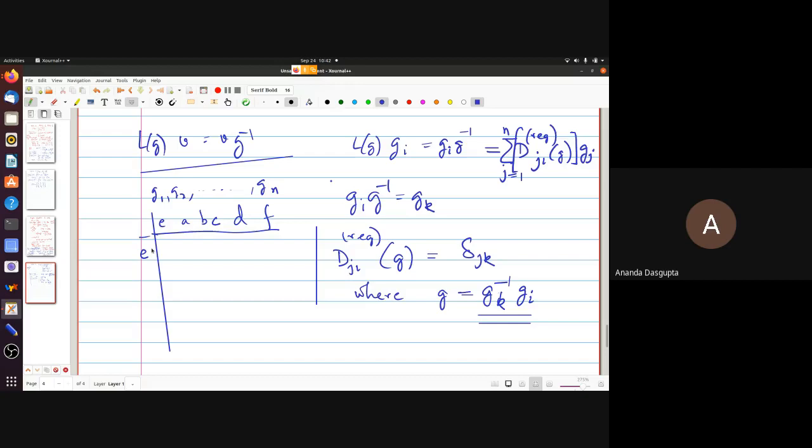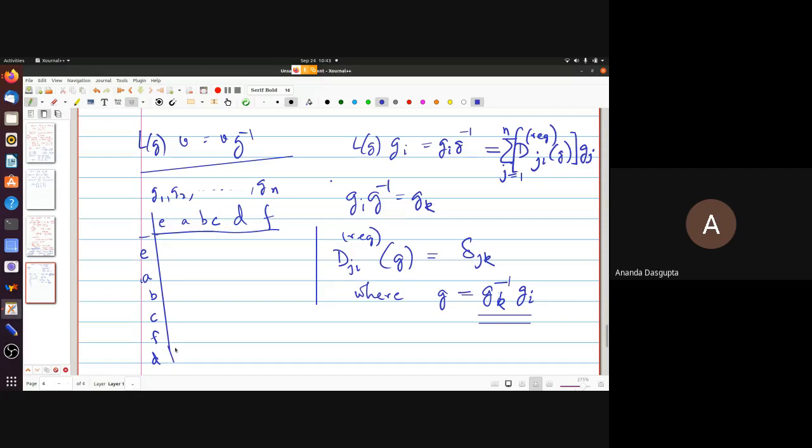The twist is, I will label the columns of the multiplication table by the group elements in some order, the basic standard order, E, A, B, C, D, F right now. But the rows will be labeled not by E, A, B, C, D, F, but by E inverse, A inverse, B inverse, C inverse, and so on, or using the fact that E, A, B, C are their own inverses.